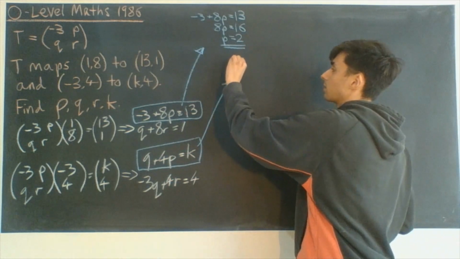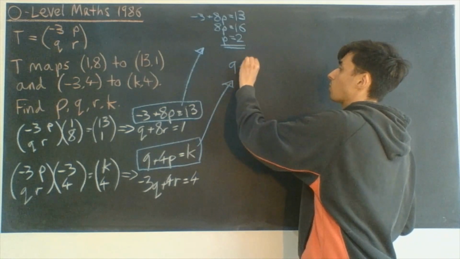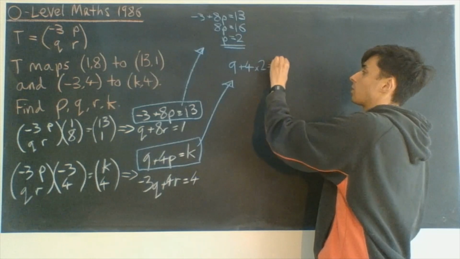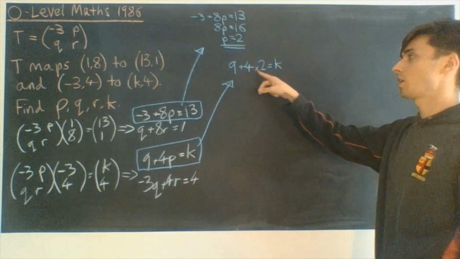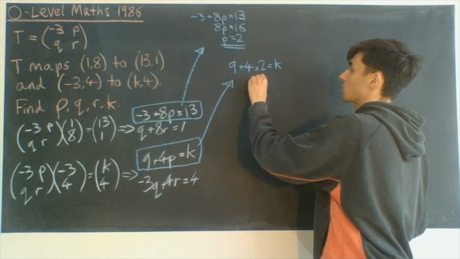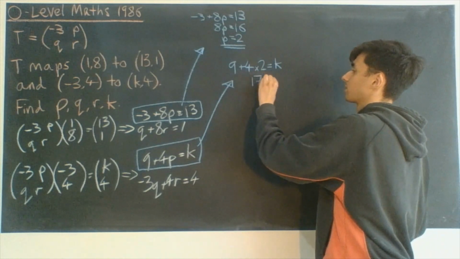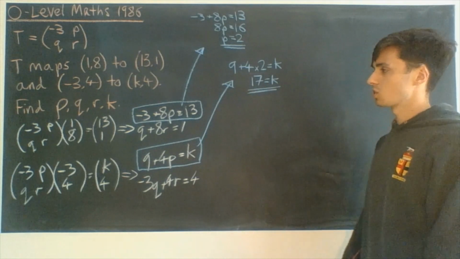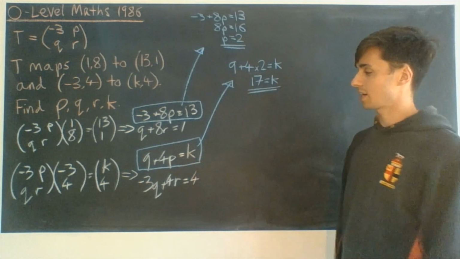We've got 9 plus 4 lots of 2, that will equal K. 9 plus 8 to get K, so K will be 17. So far then we've got P and K.